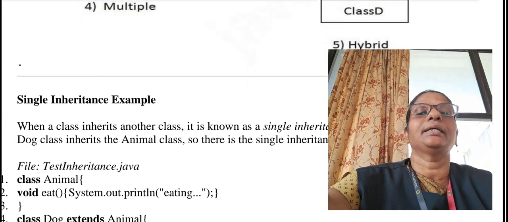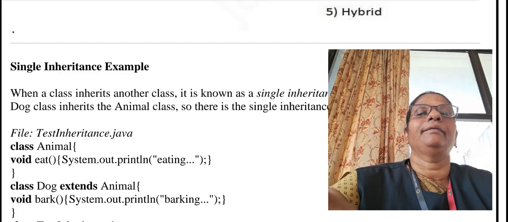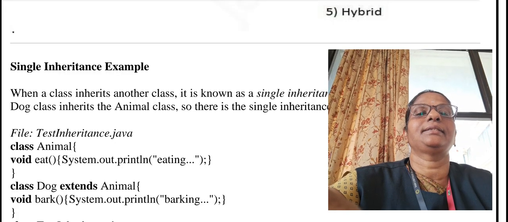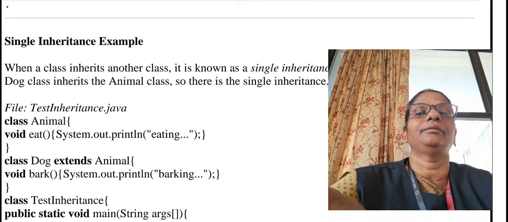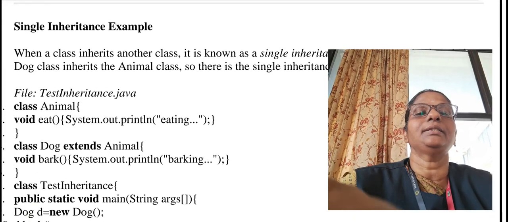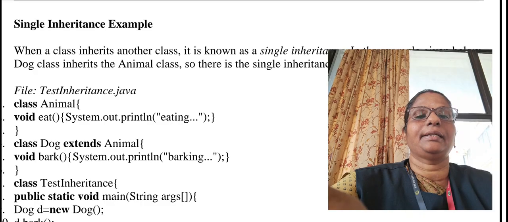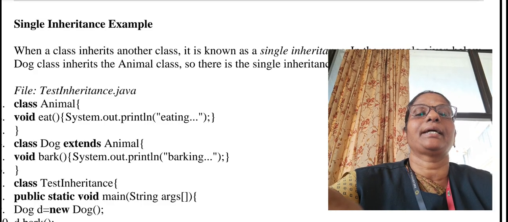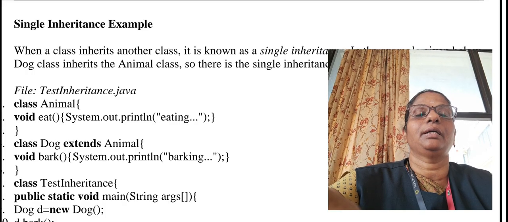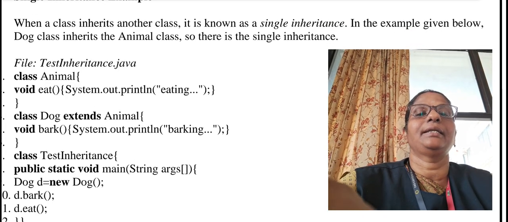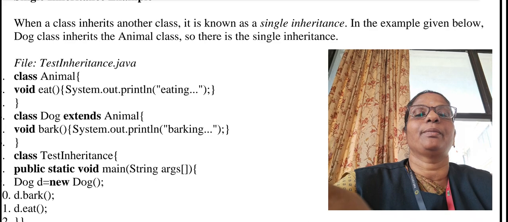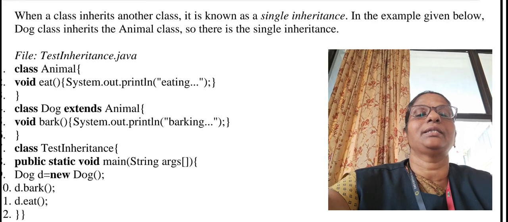For example, in single inheritance, we write TestInheritance.java with a class named Animal. In the main function we declare a class that extends from Animal. We take Animal as the class, and extend it with a Dog object, giving it behavior like bark as a method in that class. In class TestInheritance, public static void main, String args, we write Dog d = new Dog, creating a new object.